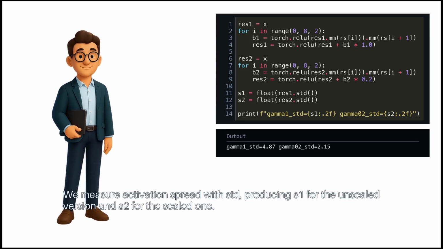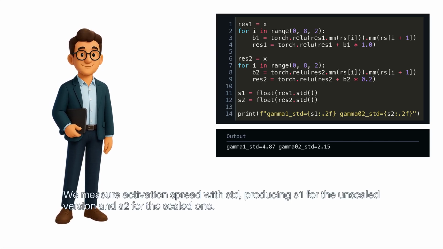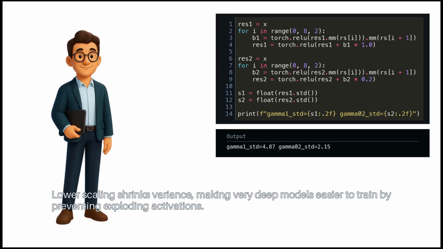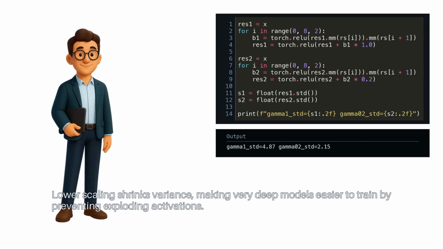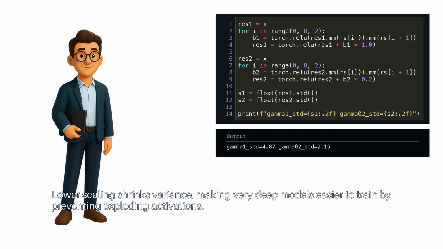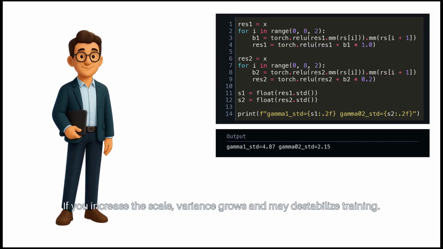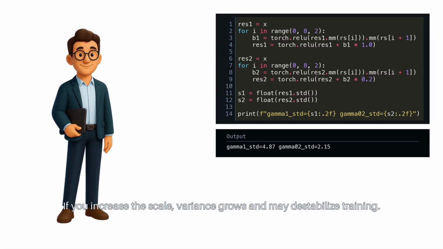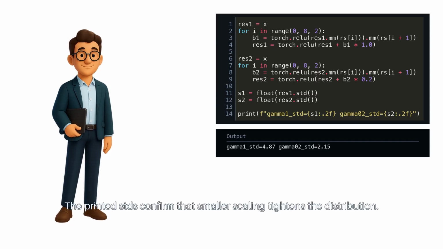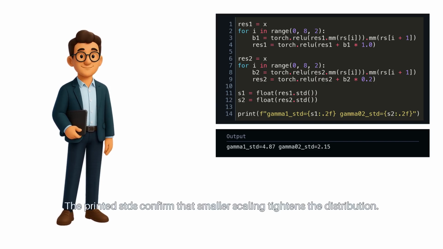We measure activation spread with std, producing S1 for the unscaled version and S2 for the scaled one. Lower scaling shrinks variance, making very deep models easier to train by preventing exploding activations. If you increase the scale, variance grows and may destabilize training. The printed STDs confirm that smaller scaling tightens the distribution.